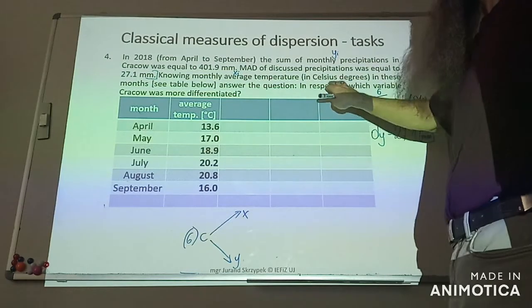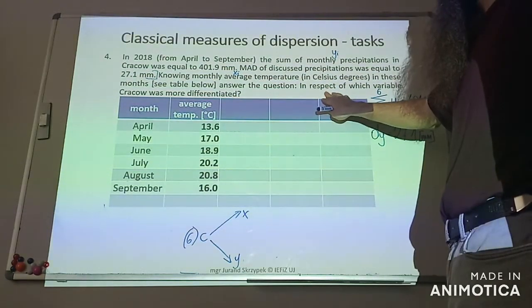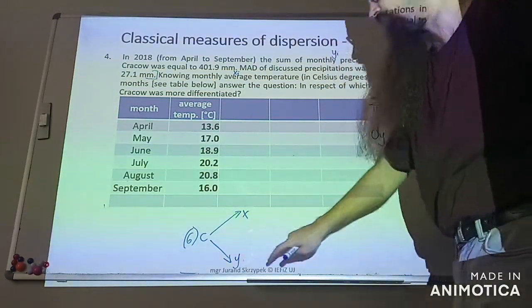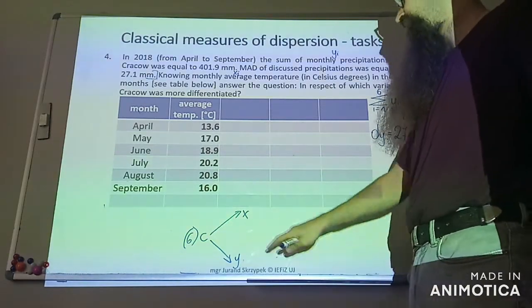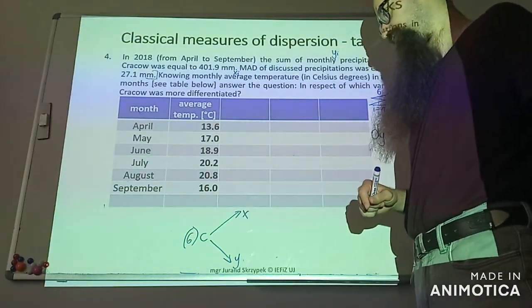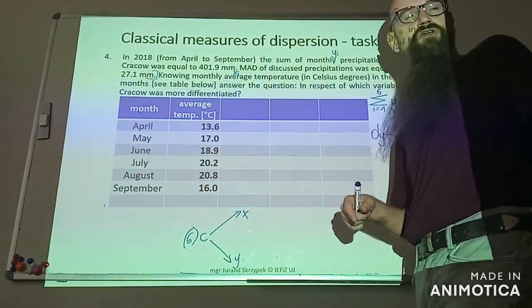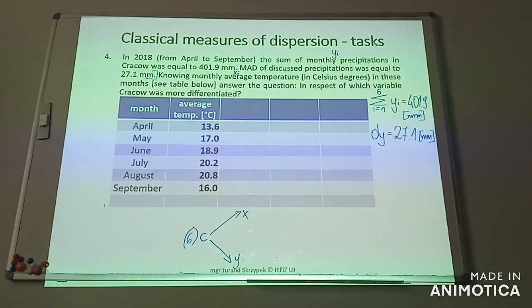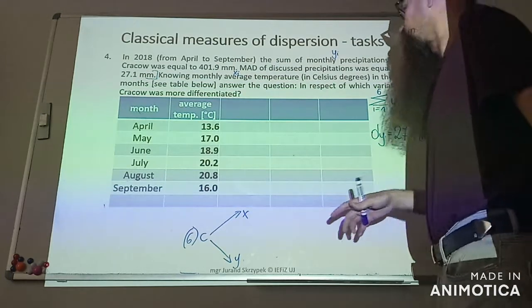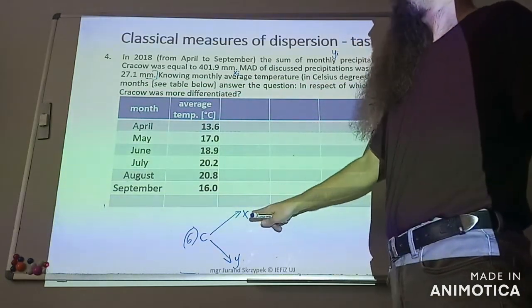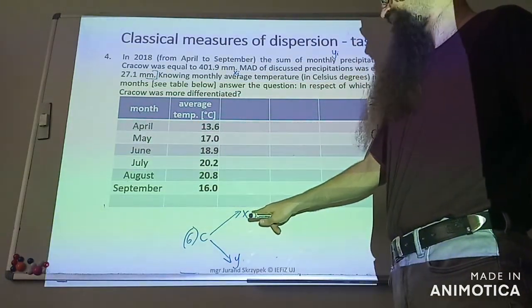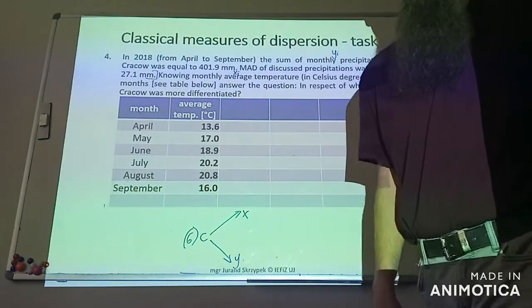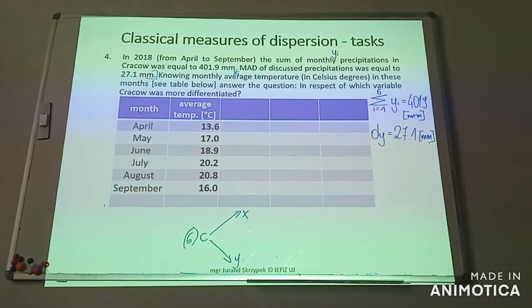And now we want to answer the question in respect of which variable Krakow is more differentiated. In respect of monthly average temperature or in respect of the sum of monthly precipitations.